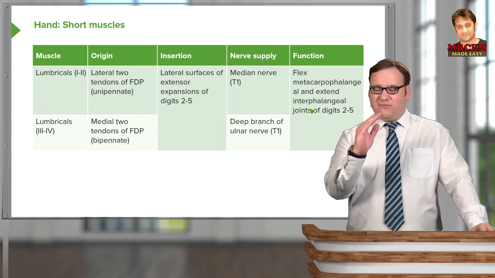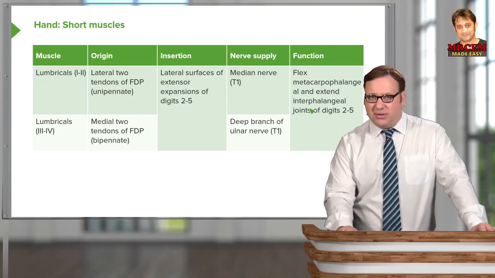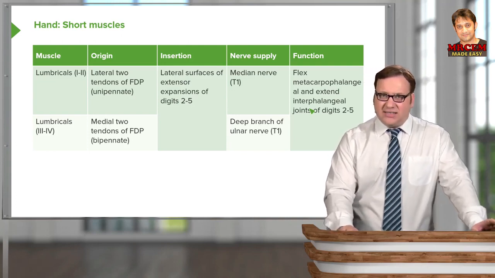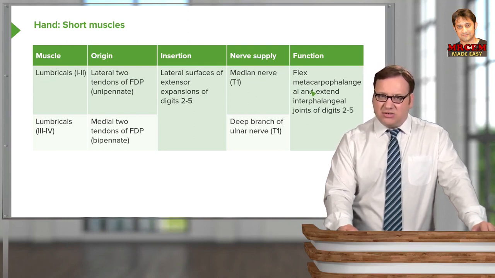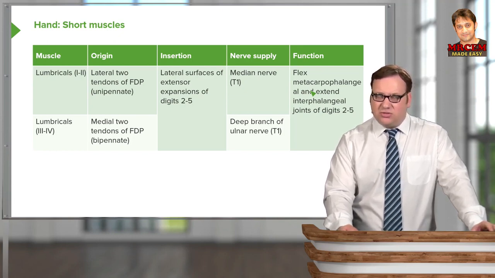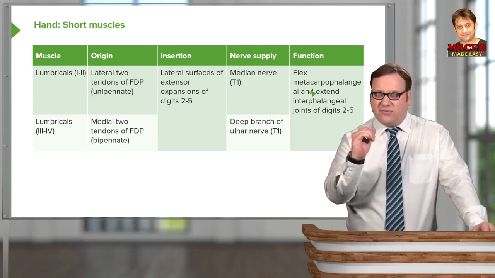And that is because of their position. They run anterior to the metacarpophalangeal joint, so they can flex it. And by passing to the extensor expansion, they're running posterior to the interphalangeal joints. So contraction of these muscles allows flexion of the metacarpophalangeal joint and extension of the interphalangeal joint.